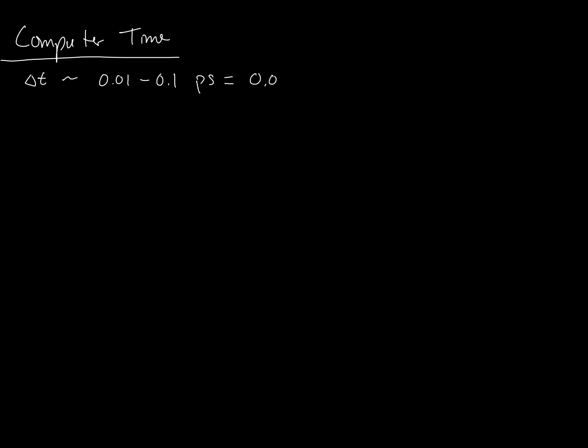So let's just say 0.01 times 10 to the minus 12 seconds, which is equal to about 10 to the minus 14 seconds. So we are very limited in how much time we can do. One time step in a molecular simulation is 10 to the minus 14 seconds.